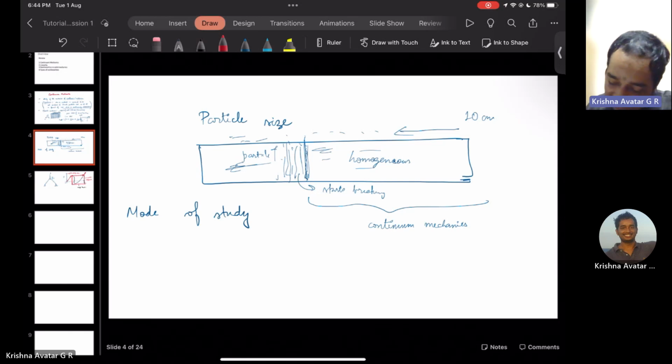As we keep cutting it into smaller and smaller blocks, up to a point you'll see that the material distribution is fairly uniform.